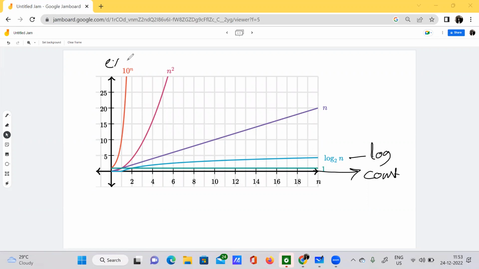This is my exponential, and this would be my linear. This would be my quadratic order of growth, right? So these are all the orders of growth respectively. This is the constant, logarithmic, and this is the linear. Why? Because it's in a straight line manner, and it's the quadratic, and it's the exponential. So these are the kinds of order of growth we have.